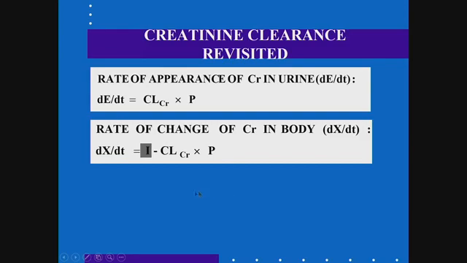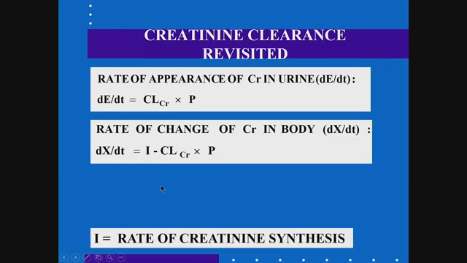Now let's think about the rate of change of creatinine in the body, X being the amount of creatinine in the body. So we have dx over dt now being equal to I, being the rate of creatinine synthesis, this is an endogenous product, minus the clearance of creatinine times the plasma concentration.